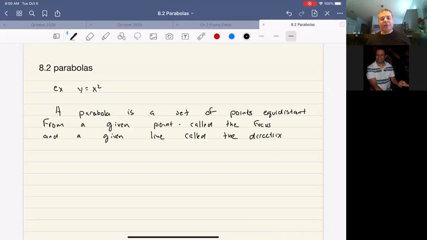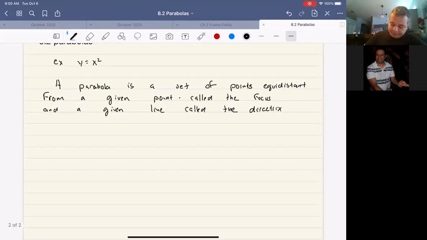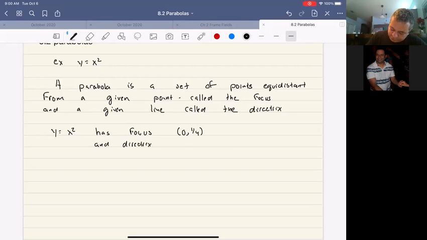So we'll look at our example, y equals x squared, which has focus (0, 1/4) and directrix y equals negative 1/4. Let's just see how that works.